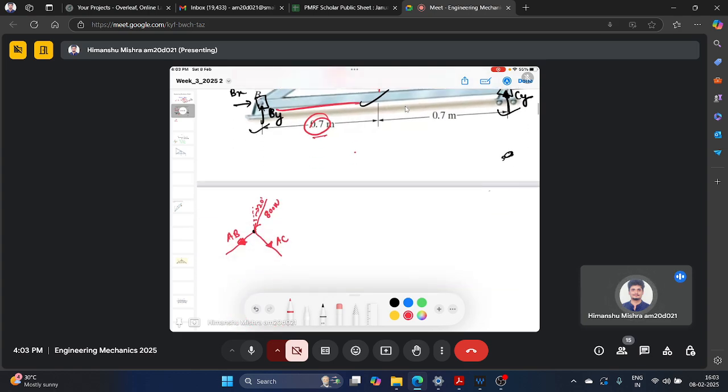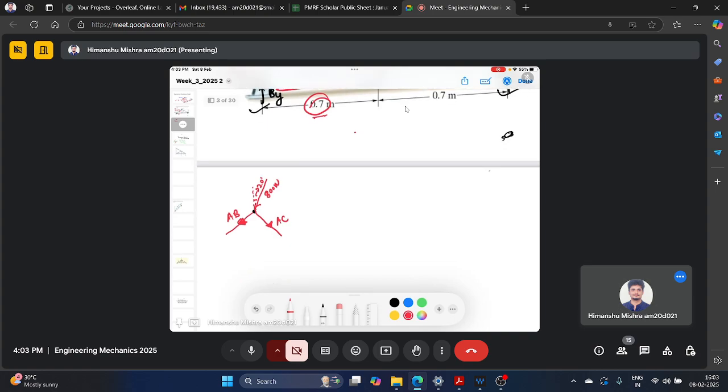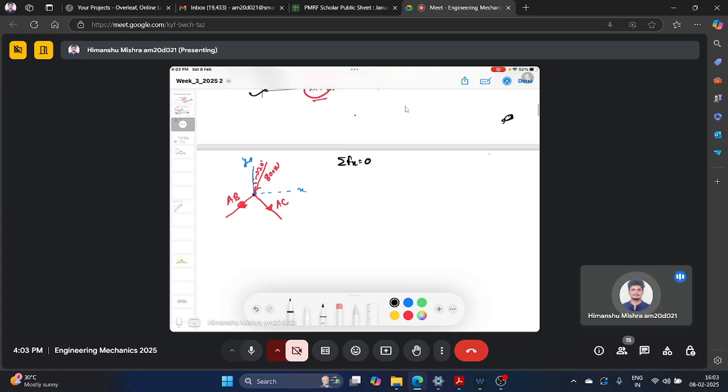So for AB, let me make a coordinate here which is x, and this is my y. If I use the summation of force in the x direction, then it will be, you can see the direction of force, if I compare with the coordinate system, it is actually going towards the left side.